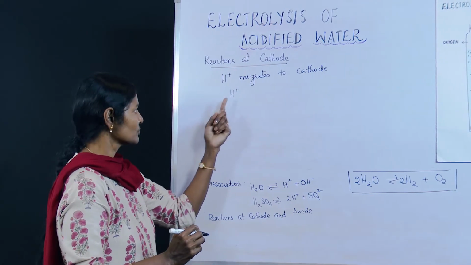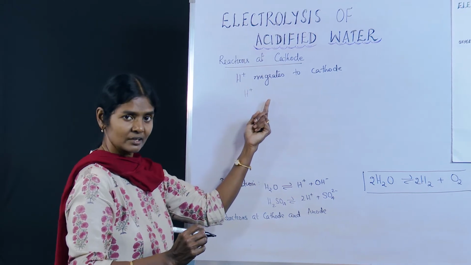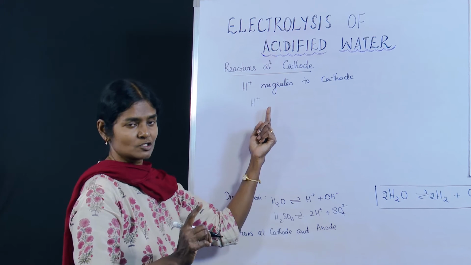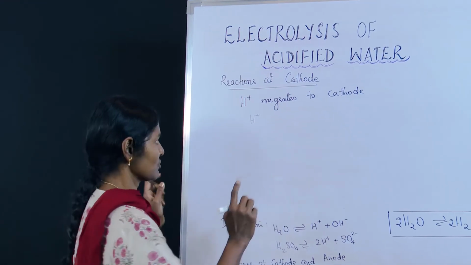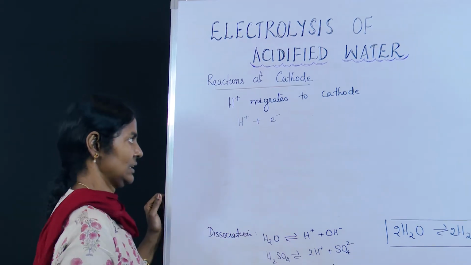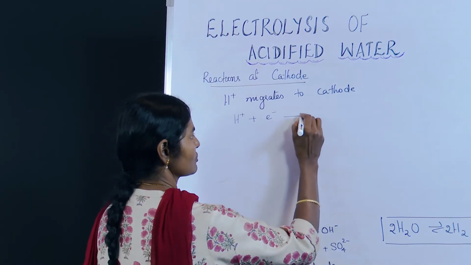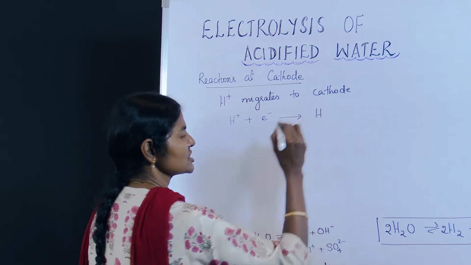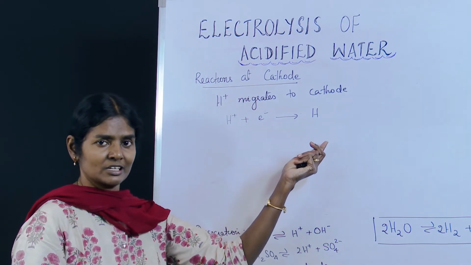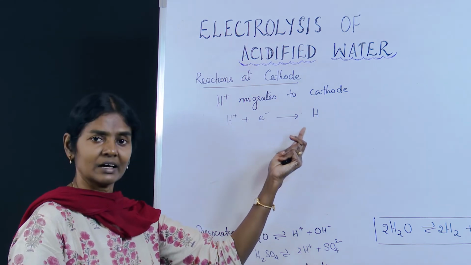How does it become a neutral atom? This hydrogen ion has only one proton, so it needs an electron. To become neutral, it has to gain one electron to give a neutral hydrogen atom. And does it exist like this? No, it doesn't exist as a single hydrogen atom.